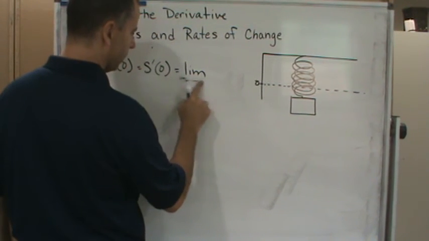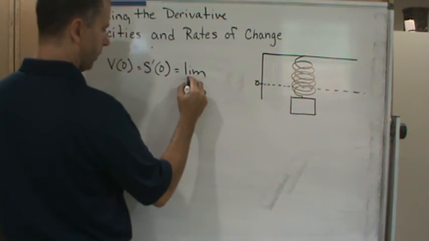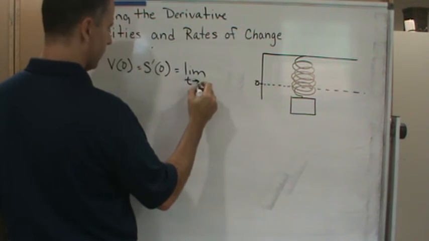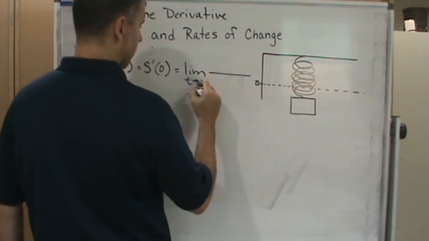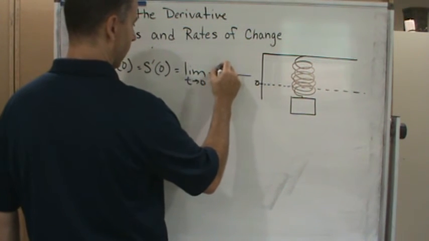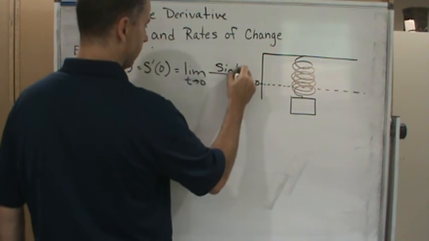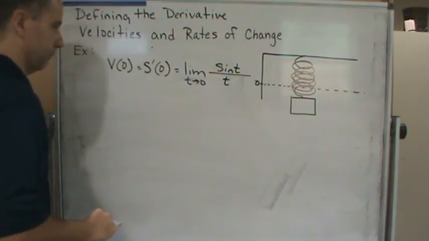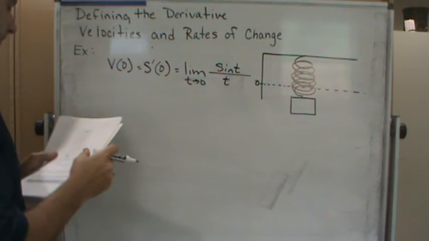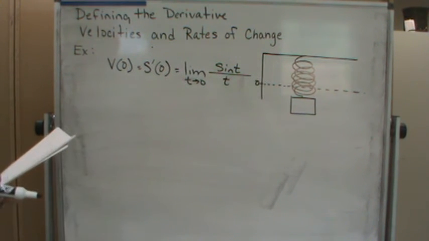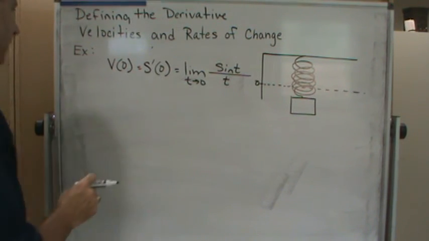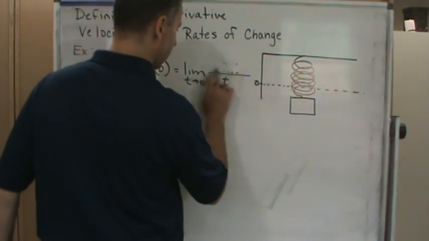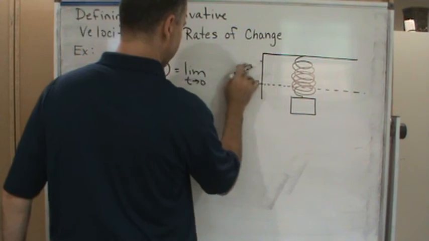We're going to use the function. So it'll be the limit as t approaches 0 of sine t over t. Okay? Well, actually, let's just start with the original.